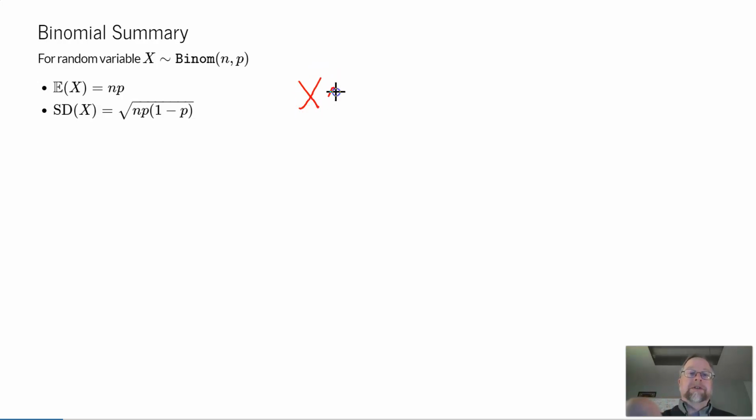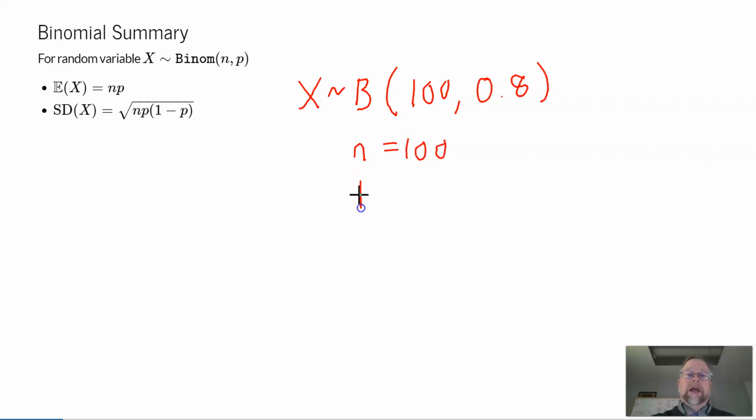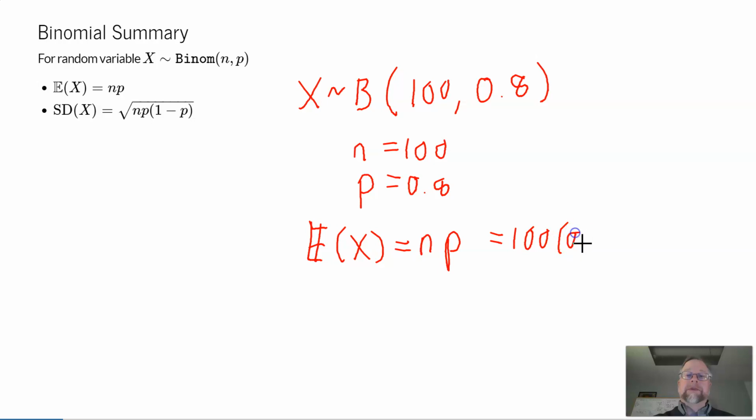If X was binomial 100, 0.8, for example, then n is 100 and p is 0.8. That means the expected value, or the mean of X, is n times p, which is 100 times 0.8, or 80.